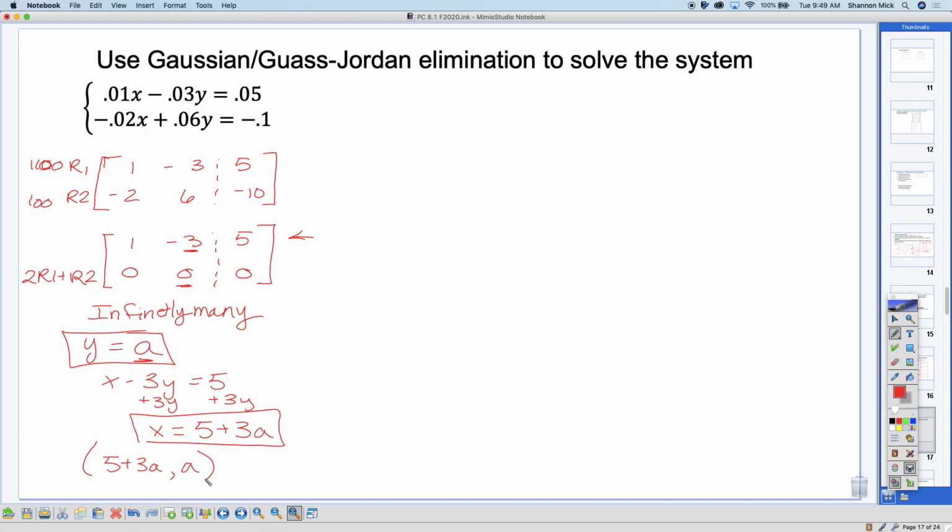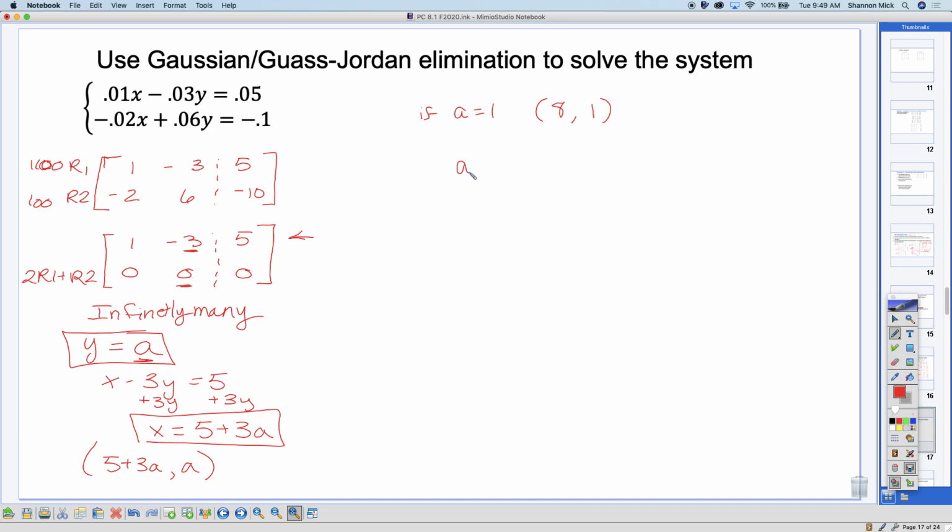What that does, we said there's infinitely many solutions, yes? This is a dependent solution. It depends on what a is. Got it? So if a is 1, what is my ordered pair? 5 plus 3, so 8, comma, 1.